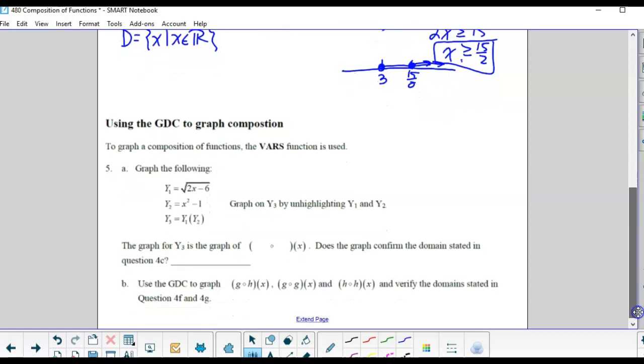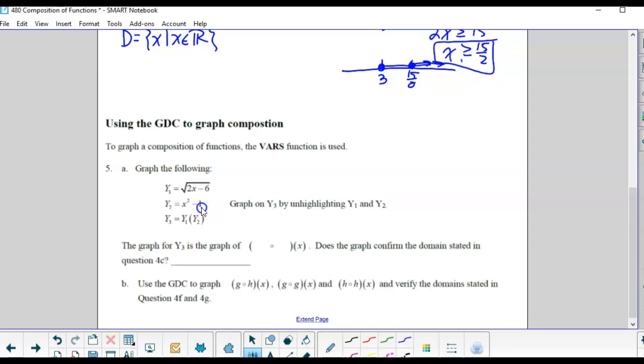We've talked about using your calculator. This is just a different version. If you want to put in both, you can put y1, y2, and then y3. It's almost like a function notation, y1 of y2, and it will do it for you. Or you can just enter it like I did.